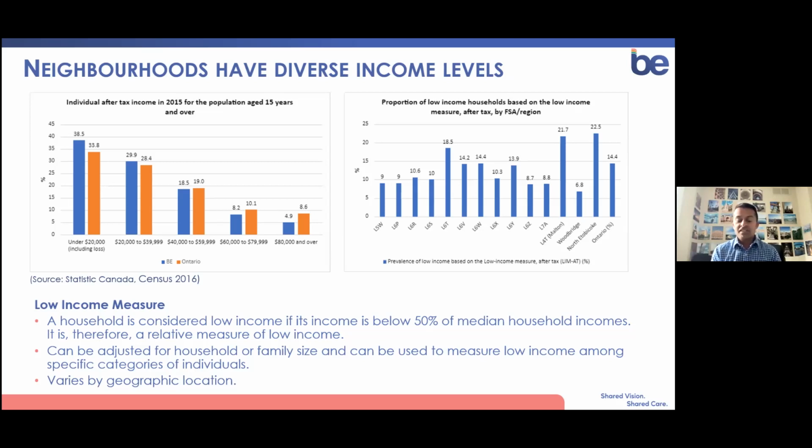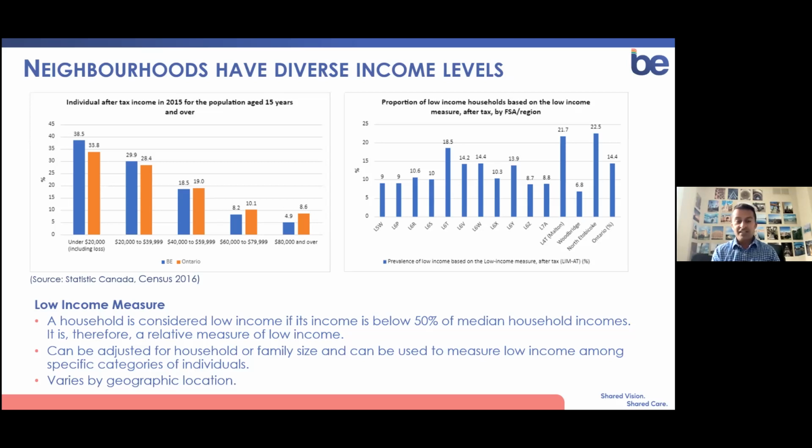But more interestingly for us, when we're planning within our OHT, as we look across various FSAs, or the various postal codes across our neighborhoods, we see that there's diversity within our geography as well. And so we want to pay attention to this. We have to make sure that a solution that works for one neighborhood may not work for another neighborhood as well.